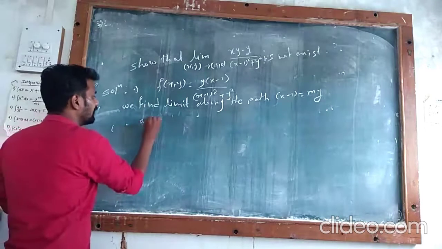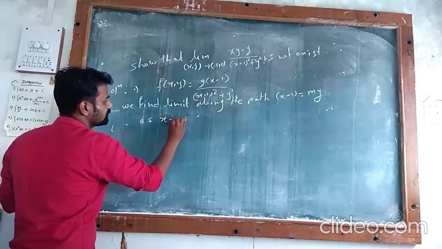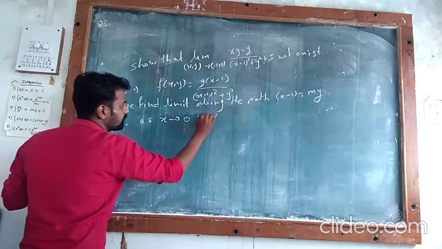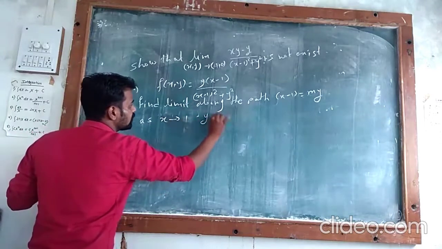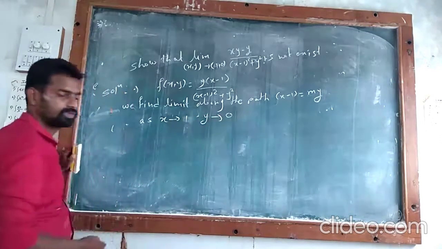Therefore, as x tends to 1, y tends to 0.